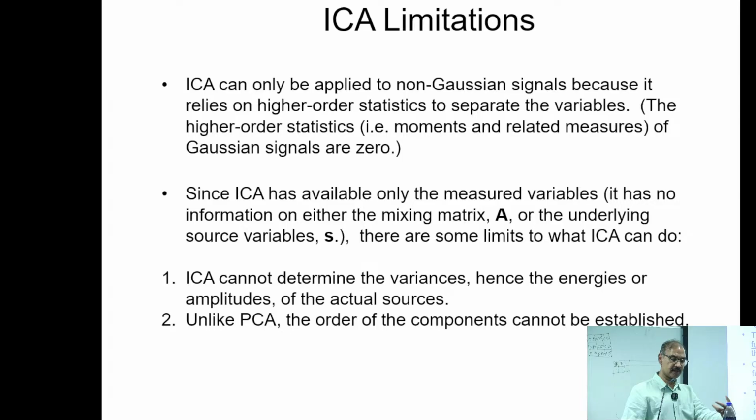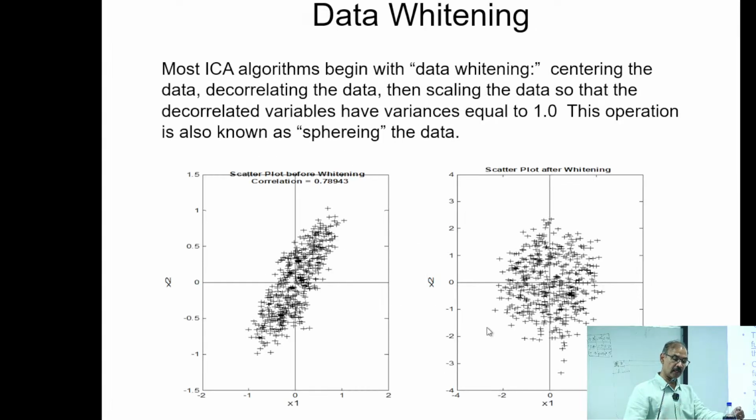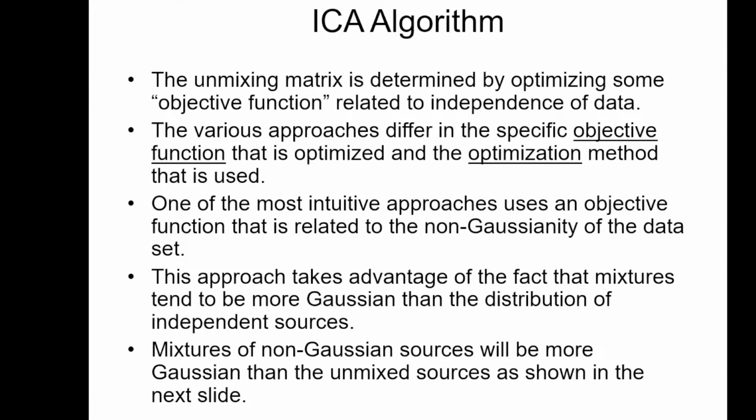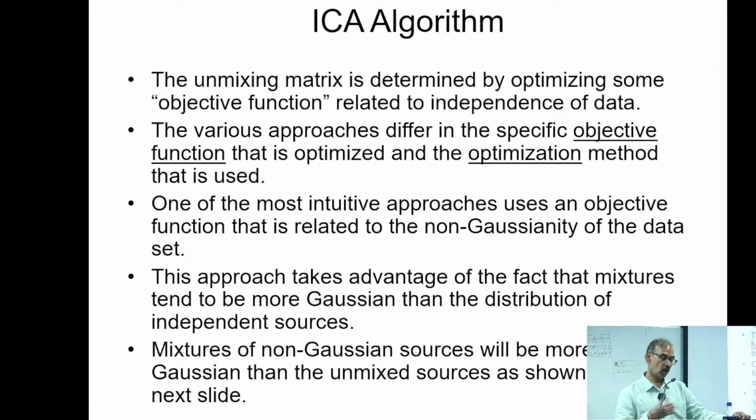And there are several ICA algorithms that have been proposed for analyzing the data. They basically use an objective function which is related to the independence of the data. The various approaches differ in the specific objective function that is optimized and the optimization method that is used.